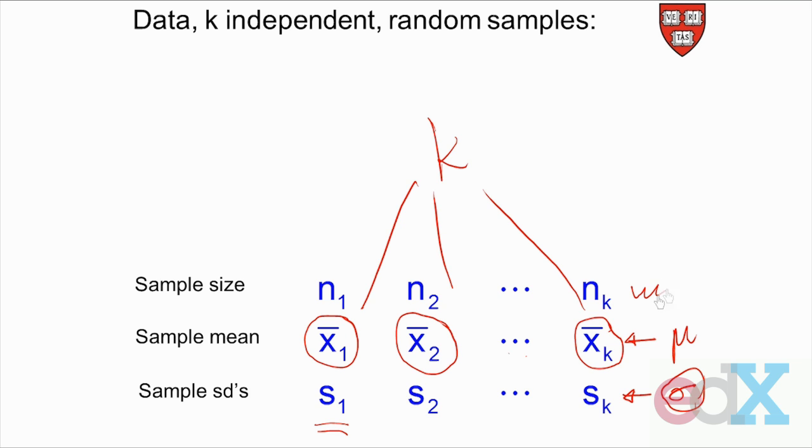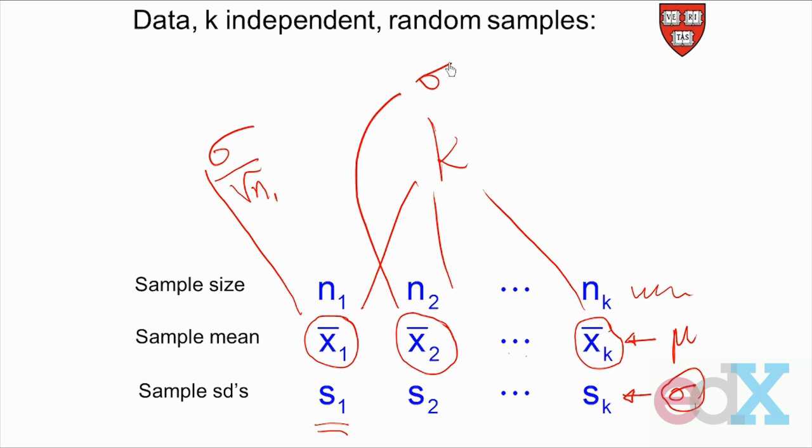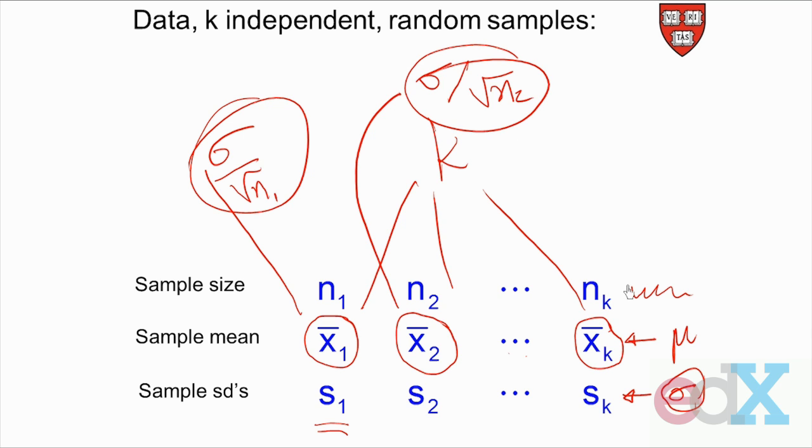I have to be a little bit careful about the sample sizes, but apart from that, they're all from the same population. From the central limit theorem, the first one is from a population with standard deviation sigma over the square root of n1. This one is from a population with standard deviation sigma over the square root of n2. But both of them are going to give me information about sigma. In fact, all k of them will. So why not combine all of them together and come up with an overall estimate of the variance?